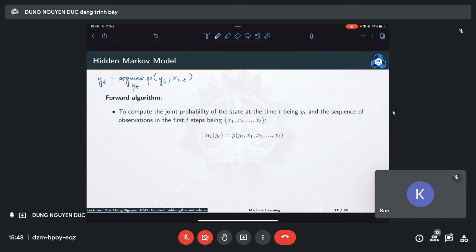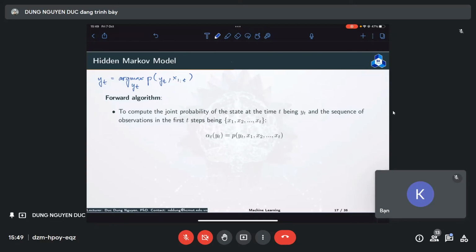So at time t, you can only predict the hidden state t based on the joint probability of that hidden state given all the observations you have. Because of this, you will see this is kind of greedy.